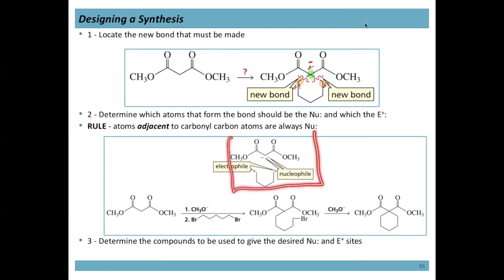So we look down here at this example. This is how we would think about the synthesis. I need 2 negatives there. Of course, I'm never going to be able to generate 2 negatives at one time. This is just the mental exercise that we go through. That would take a negative and go to that positive, and that would make my molecule.